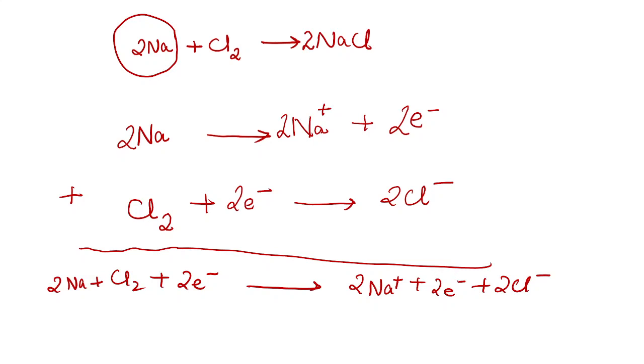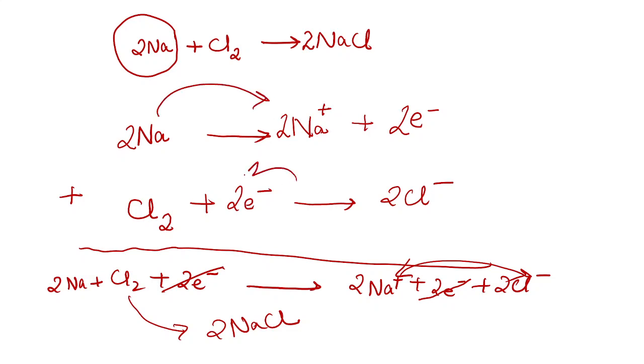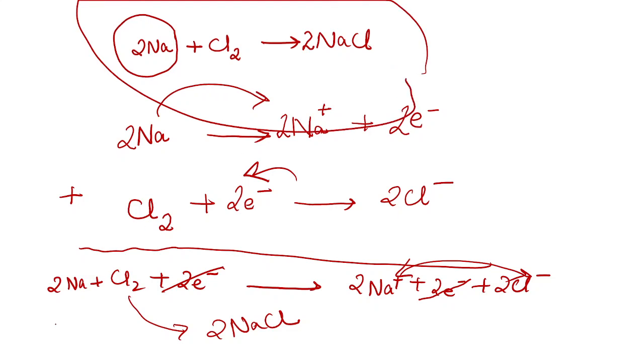Now in an equation we know that the same thing on different sides of the equation can be excluded. So we can exclude these two electrons, and since Na+ and Cl- have opposite charges, they will attract each other and form your 2NaCl. So here it is shown how an electron is transferred from one atom and how it is accepted by the other, and how this complete reaction occurs in terms of electron transfer.